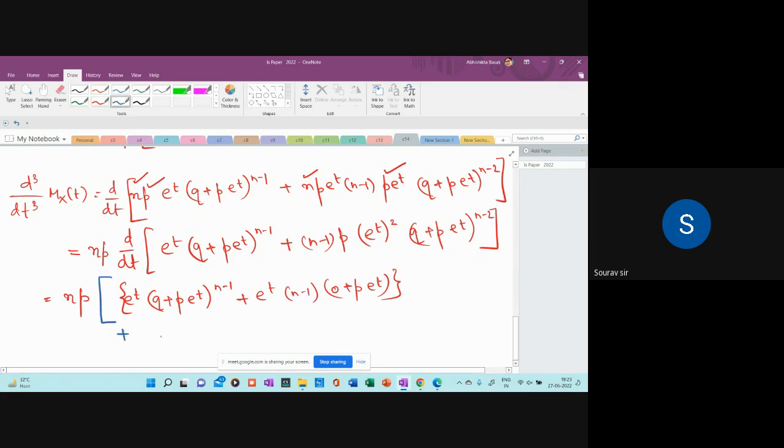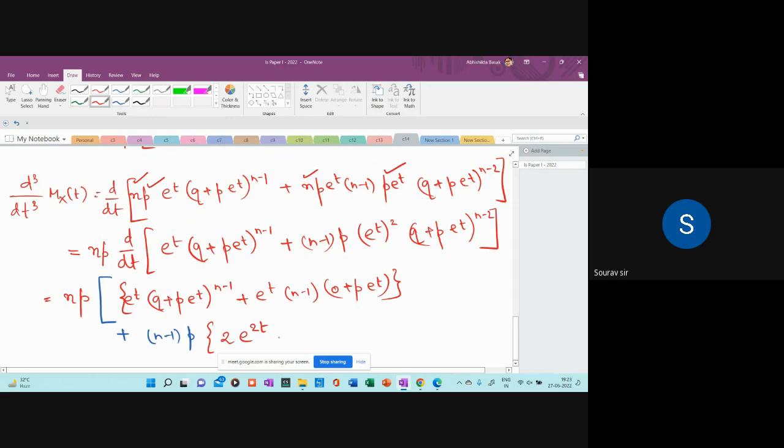And for the second portion, we have n minus 1 into p e to the power 2t. To differentiate e to the power 2t, that is e to the power mx, the derivative is m into e to the power mx.